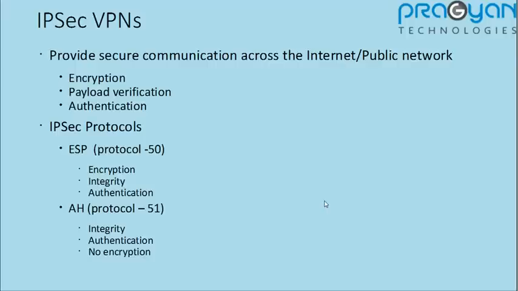If you use ESP, it will offer you encryption, integrity, as well as authentication. But if you choose AH, the encryption option is not going to be available. You can still ensure integrity and data origin authentication with AH. So of course, if encryption or confidentiality is your requirement, you are going to use ESP.